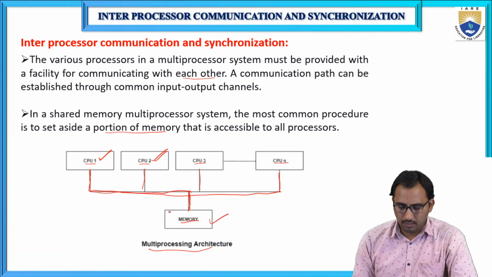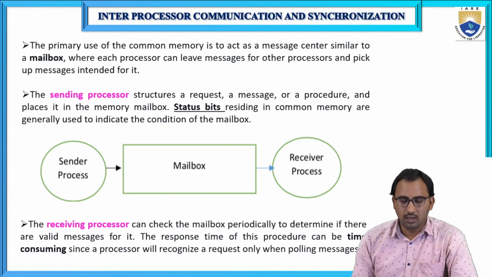After some time, CPU 2 will access that data from the shared memory through the common bus system. At a time, only one CPU can access the bus. That is inter-processor communication.